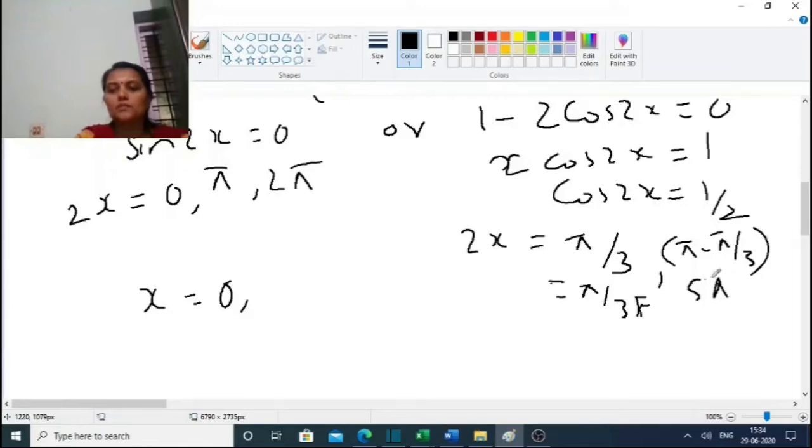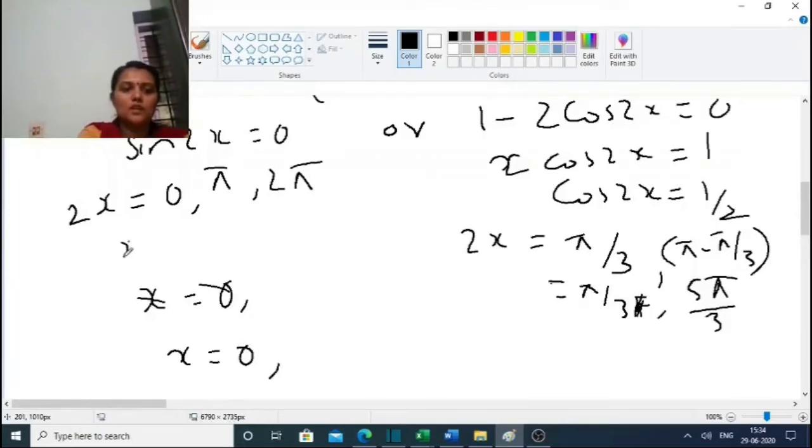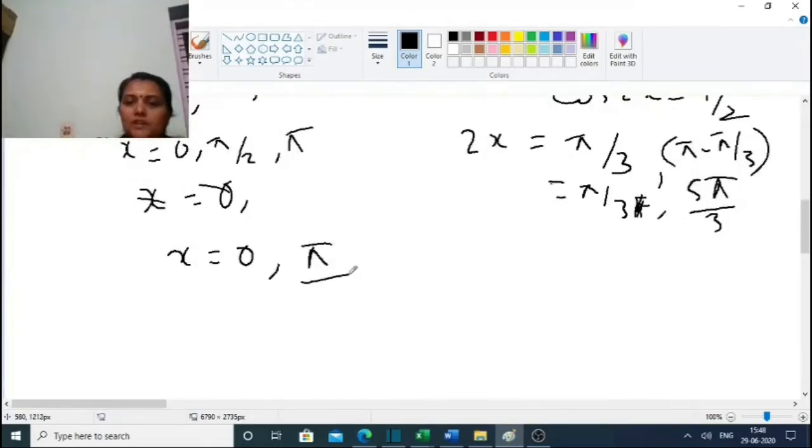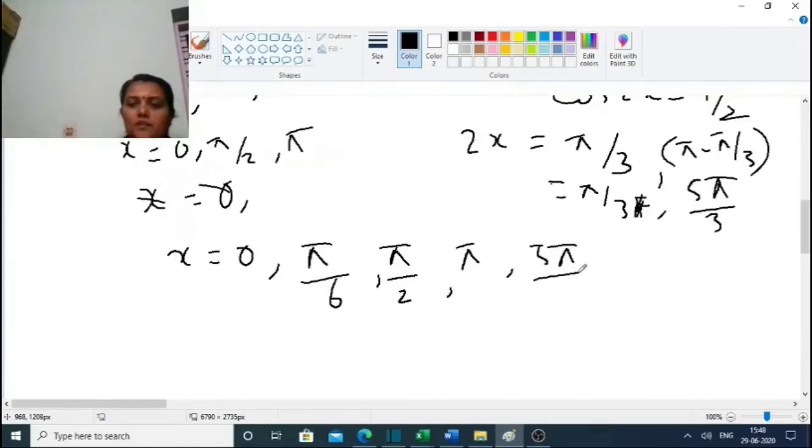So the values of x are 0, pi by 6, since 2x equal to pi by 3 gives x equal to pi by 6, then pi by 2, pi and 5 pi by 6.